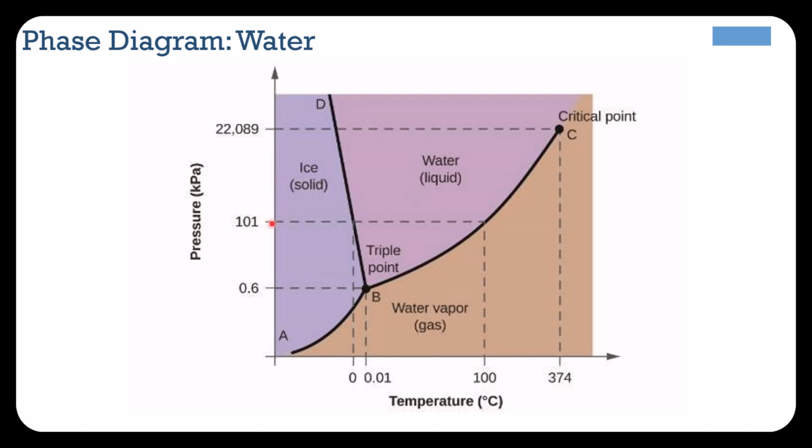We live right here at around 101 kilopascals of pressure, or if I used a different unit, 1 atm of pressure. And what we see here is phase changes happen at a temperature that we're familiar with. At standard pressure, I come across, I see this line where phase is changing, and that happens at 0 degrees Celsius.